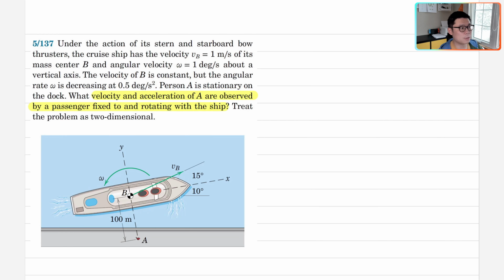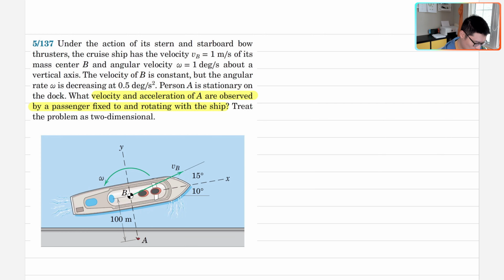As for any other relative motion with rotating frame questions, the number one priority should be given to identifying who is observing whom. Because the equation we're given is for acceleration or velocity observed from the rotating frame.